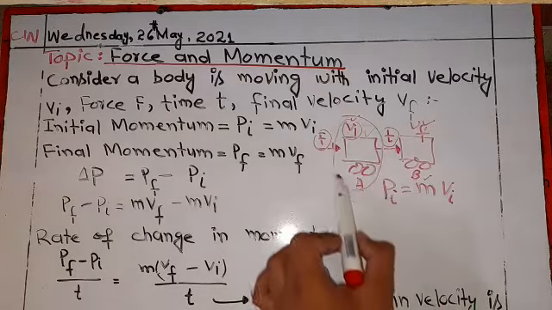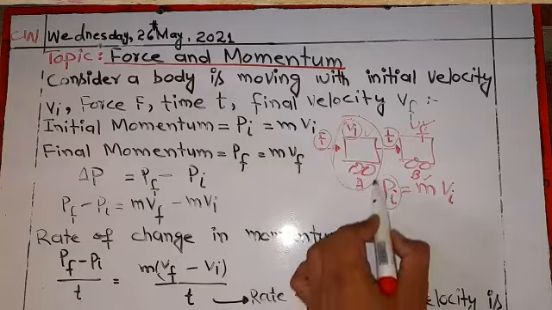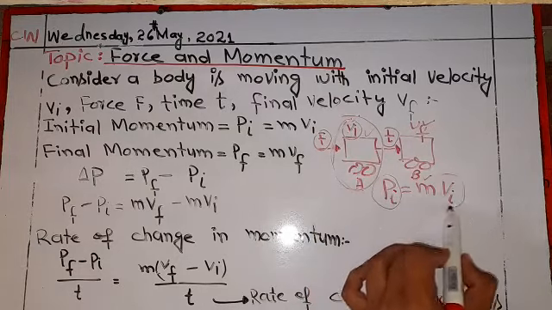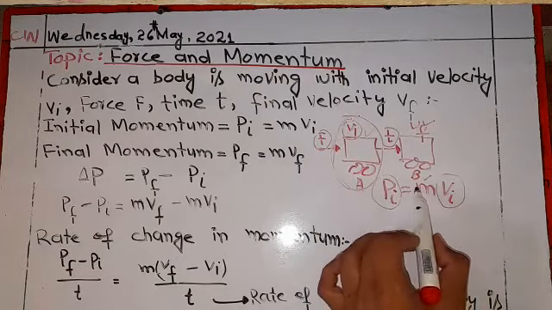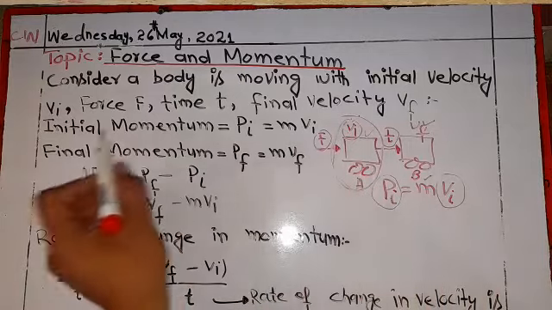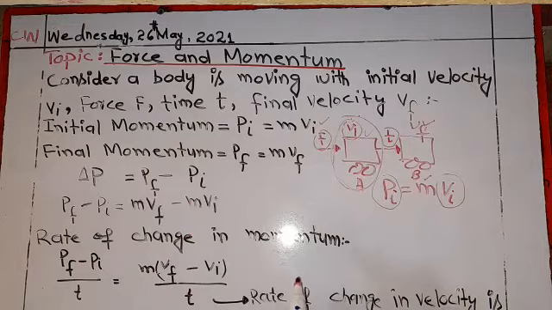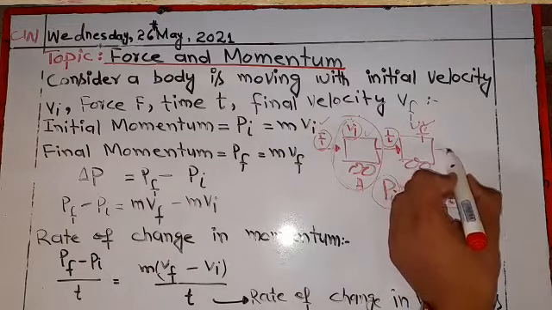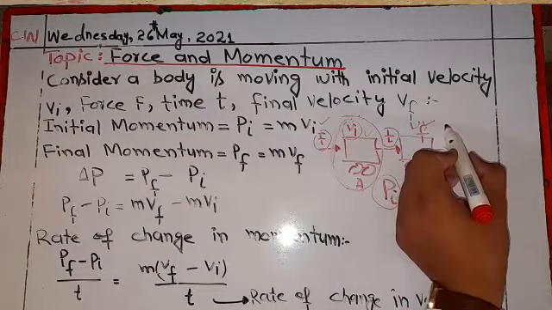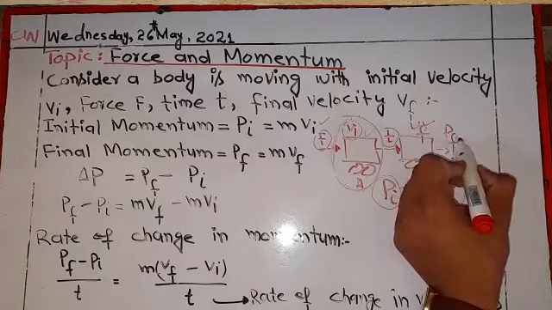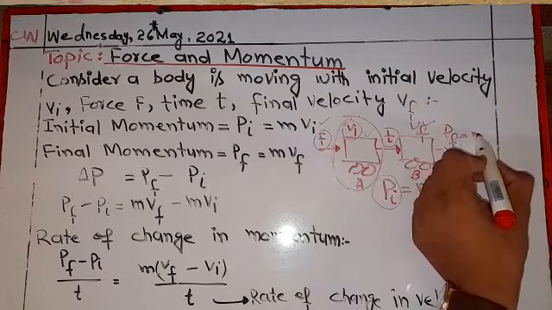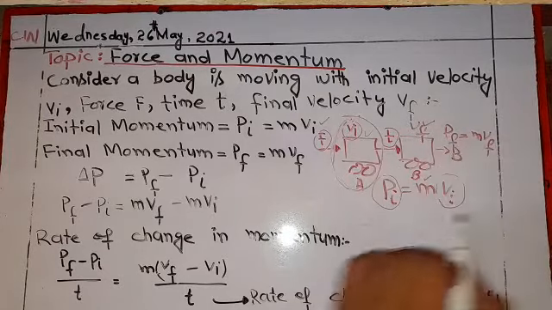At this point, its momentum is Pi and its velocity is Vi, so our initial momentum becomes mvi. Now at point B, our final momentum becomes Pf is equal to mvf.